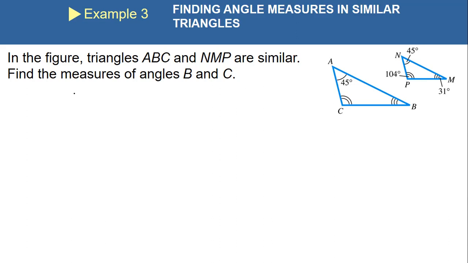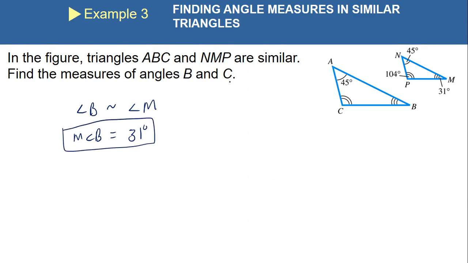So stating what's congruent, let's find the measures of angles B and C. Angle B is going to be similar to what? M. So therefore the measure of angle B equals what? And that is 31 degrees.